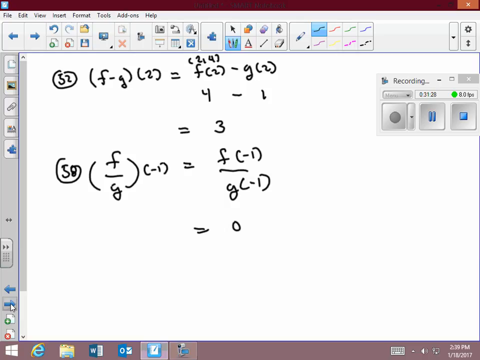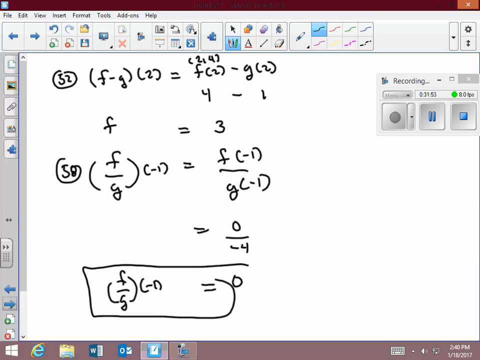Now you go to the g function and you go where x is minus 1, what's y? Minus 4. So what is 0 divided by minus 4? 0. So f over g of minus 1 is that right there.